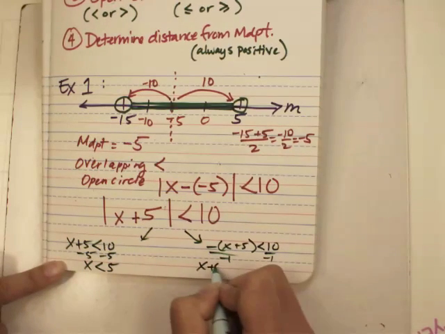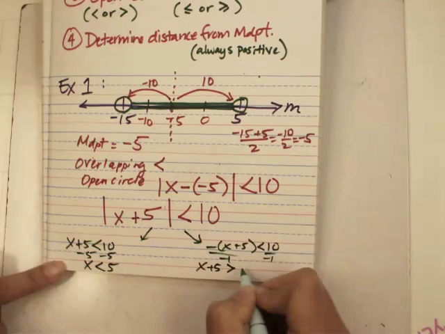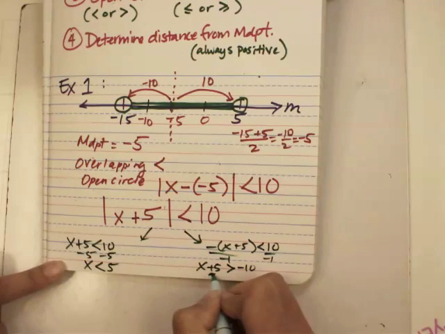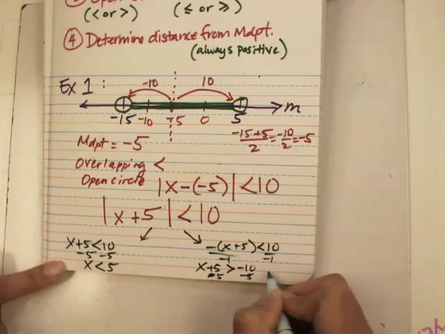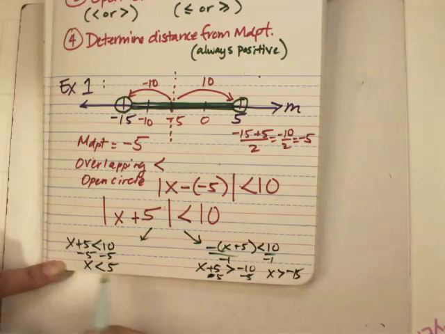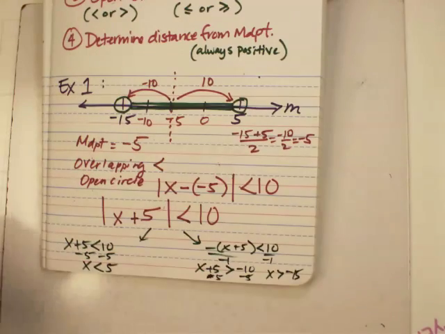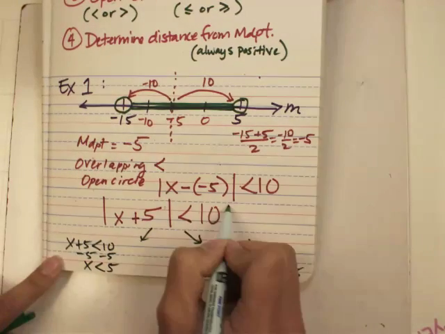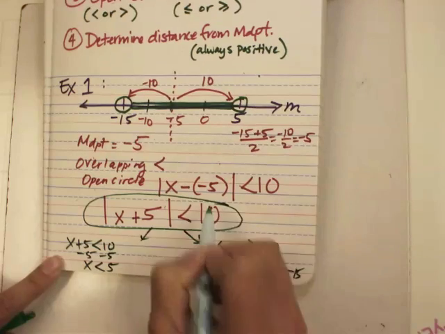So x plus 5, flipping the sign, is greater than -10. You're going to subtract 5. So x will be greater than -15. Okay, so double check that your solution matches the graph, and you're good. So this is here your equation.